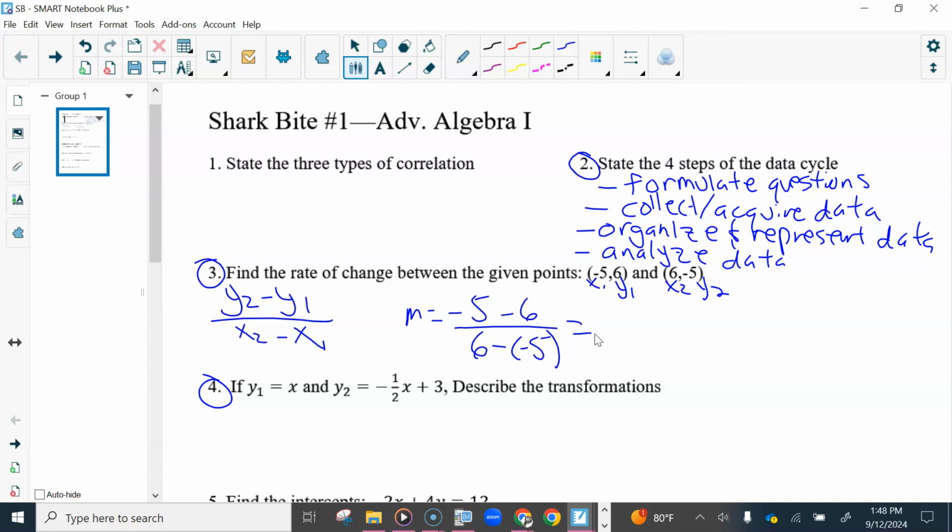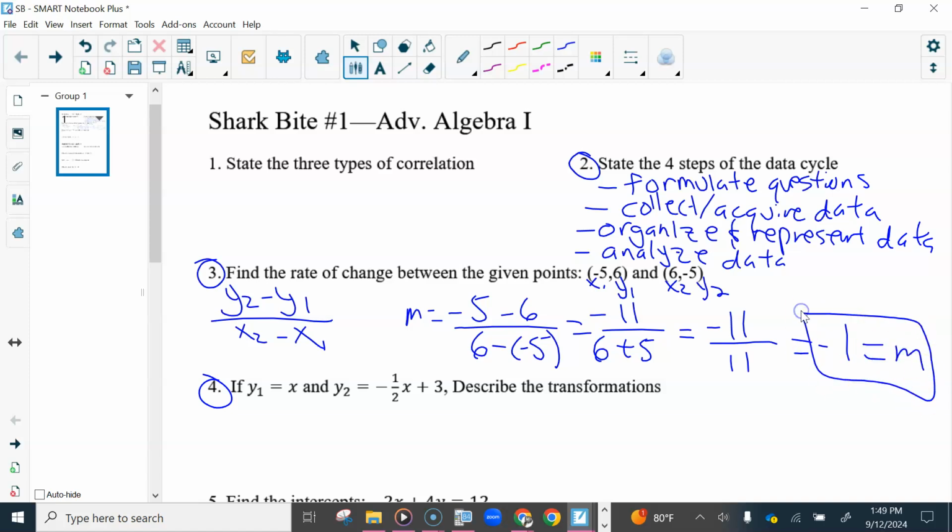And then simplify. -5 minus 6 would be -11. This would become a plus 6 plus 5. So we have -11 over positive 11, which would simplify to be what? -1. So the rate of change or the slope is -1.